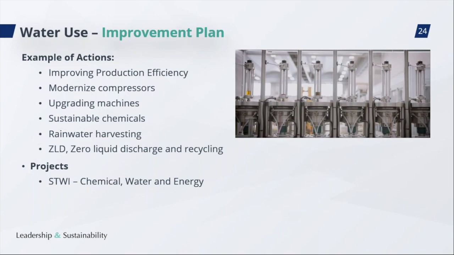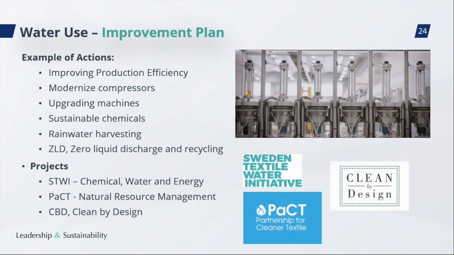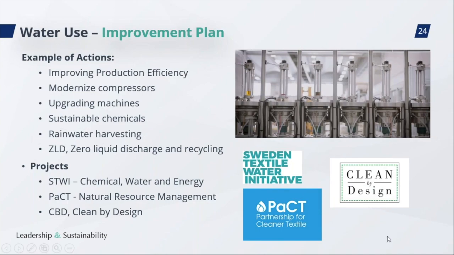One is the STWI, Sweden Textile Water Initiative. Another one is PACT, the Partnership for Cleaner Textile. And then we also have Clean by Design, originally started by NRDC. So those are some actions that you can take, and also some programs. There are many other projects and programs around water management, but these are just a few examples.